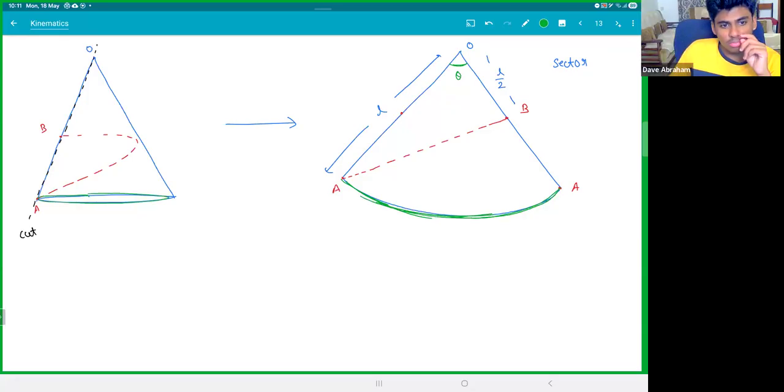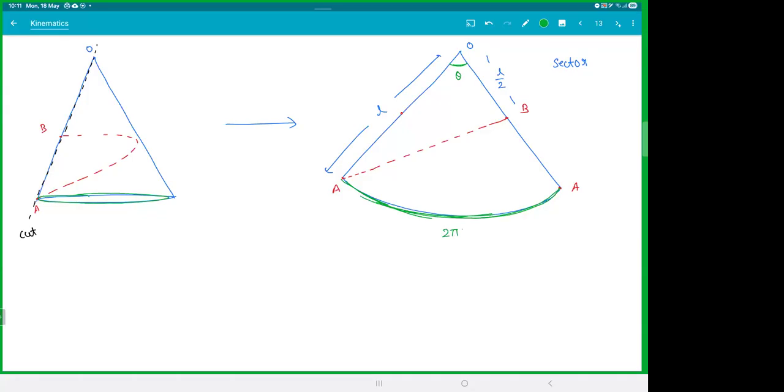Yeah, that is this length, 2 pi r. And from here, can I get angle theta? Theta is nothing but arc length, which is 2 pi r, by L. For a sector, this L will be the radius and 2 pi r will be the arc length. So theta will be 2 pi r by L. Any doubts on this? And then you're done.